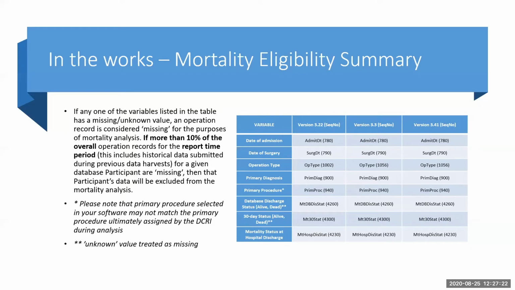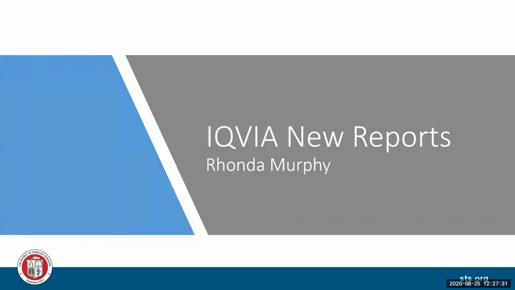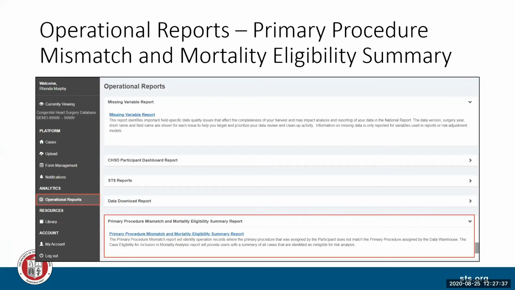All right, now we can get back into the new stuff. We have new reports to share with you all. Rhonda Murphy is a senior business analyst on our team, and she is going to be walking you through those 2 new reports. Rhonda, over to you. Hi, thank you, Melanie.